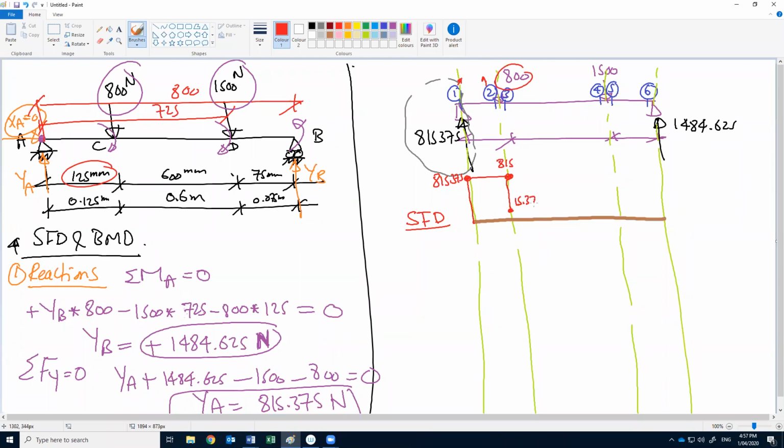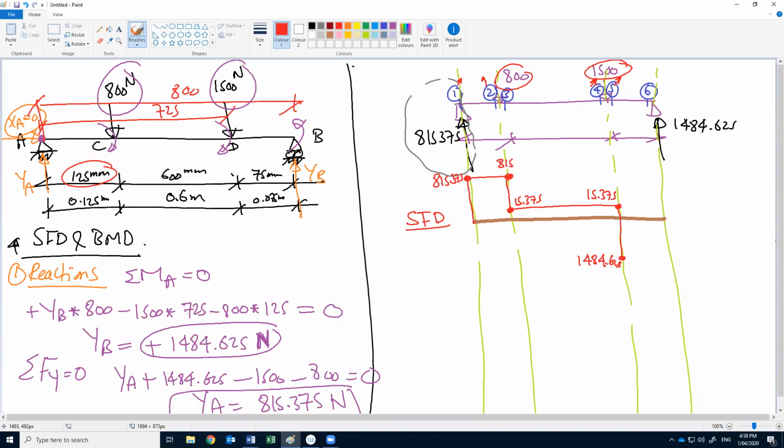Because we have a force, we have a drop. From 3 to 4, we don't have any forces, so it should be constant. Then from 4 to 5, we have this force, 1500 down, so we go to negative 1484.625.